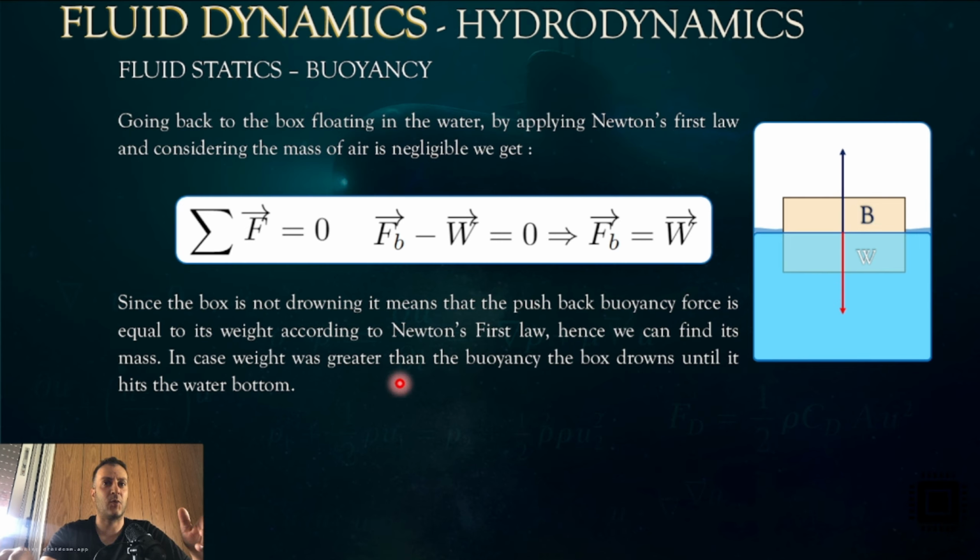In case the weight was greater than the buoyancy, the box would sink until it hits the water bottom. But in this case, since it is floating, the buoyancy force is equal to the weight of the box, and through the formula W equals mg, you can also find the mass of the box in kilograms.